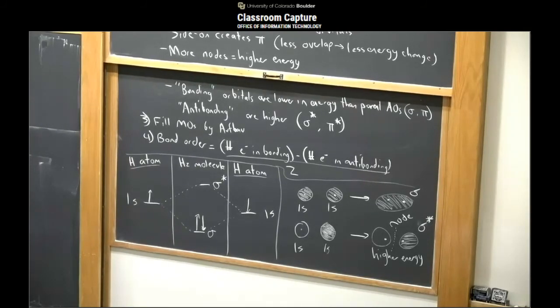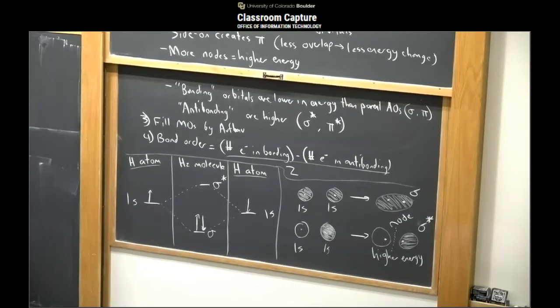But now when we go filling it in, we still have the same sigma and sigma star, but we have 3 electrons to plug in there total. So we've got 1, 2, and then 3 here. The shape of the orbitals is going to be the same, but we've got an extra electron, and the only place for it to go is into this antibonding orbital.